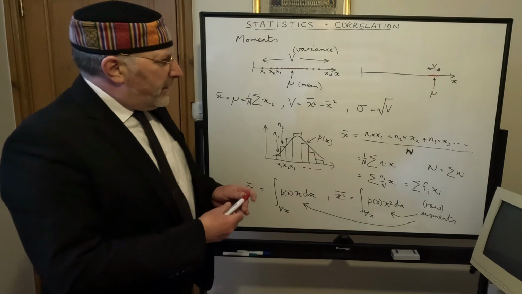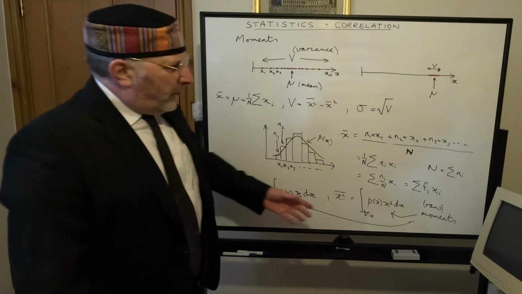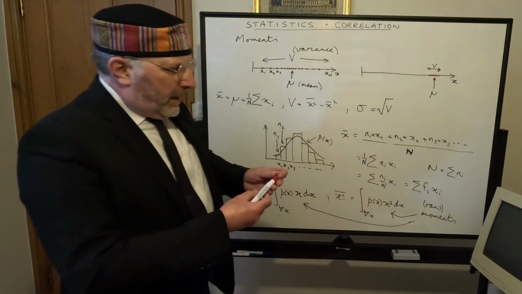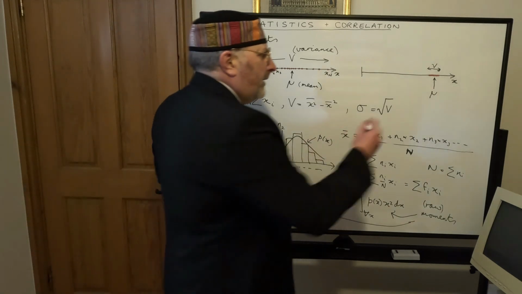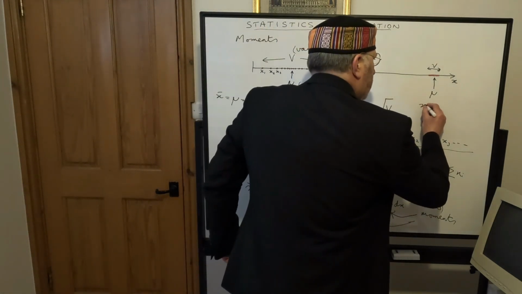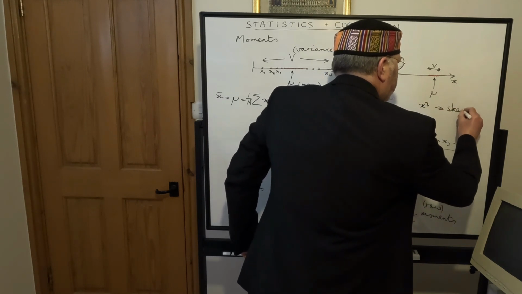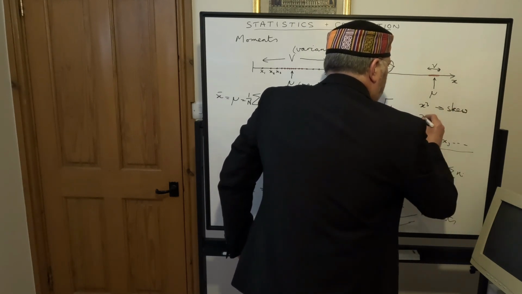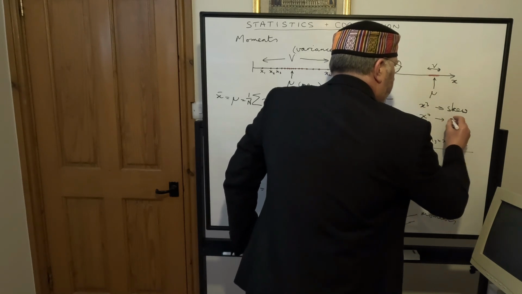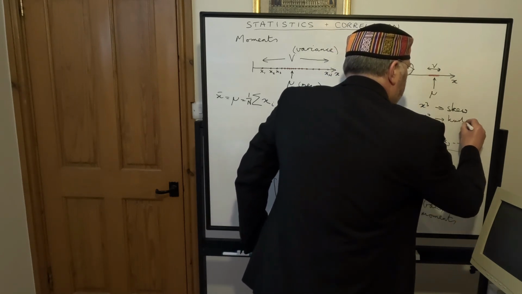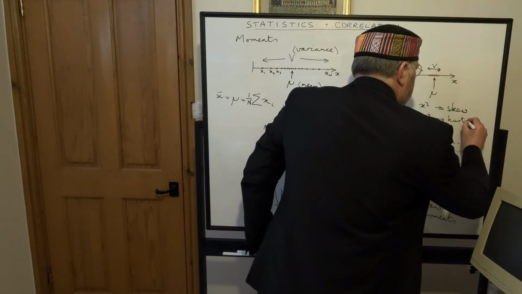And then, as I say, there are higher moments, so we could have p of x with x cubed, and that x cubed gives something called the skew. X to the fourth gives something called the kurtosis.